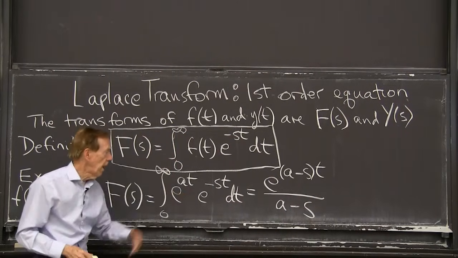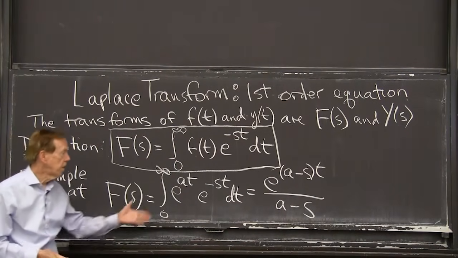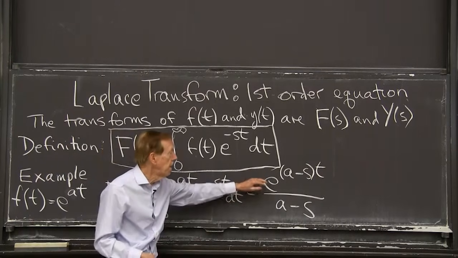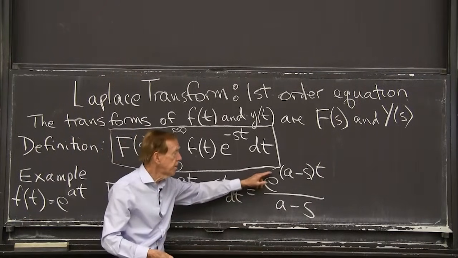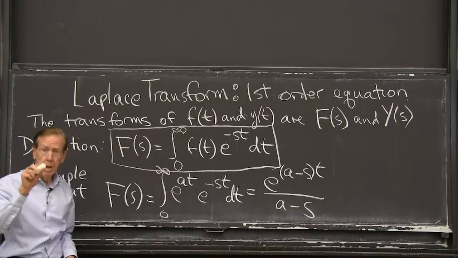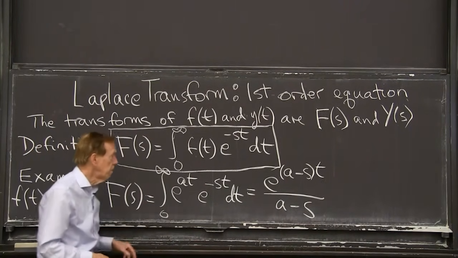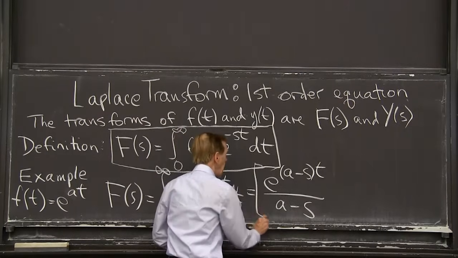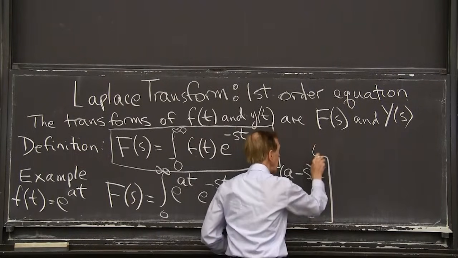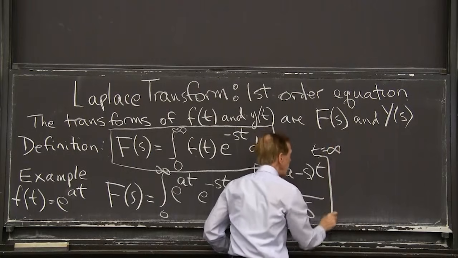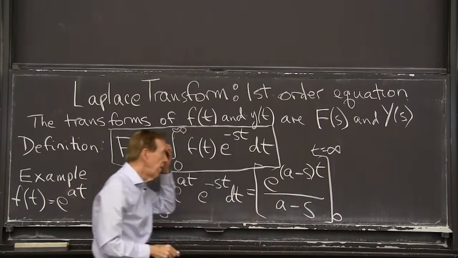That's the integral of that. Because what I have in here is just that. To integrate the exponential, I just divide by the exponent there. And I have to substitute t equal infinity and t equals 0, starting at 0 to infinity.